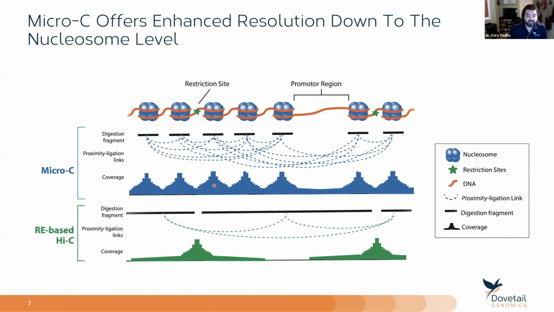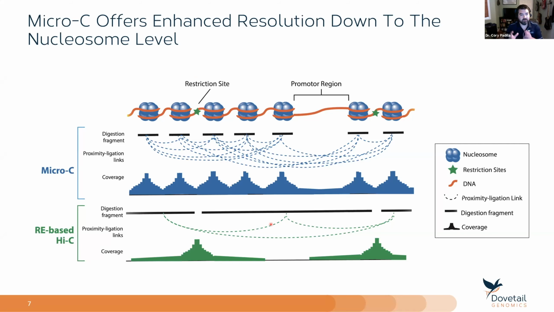And so what that gives us is this nice coverage profile where you can interrogate nucleosome position, as well as what nucleosomes are actually interacting with each other through either short-range or long-range interactions. Now, historically, in this approach to interrogating 3D structure, the chromatin was fragmented at restriction sites, which generates much more random fragment sizes and fewer possible ligation events.